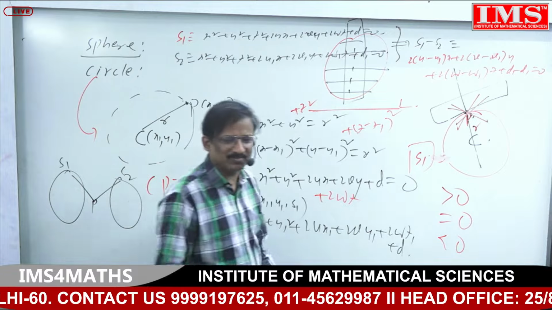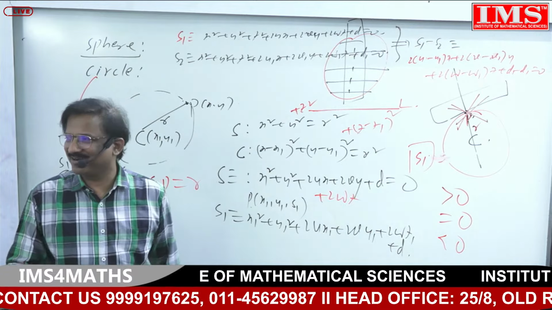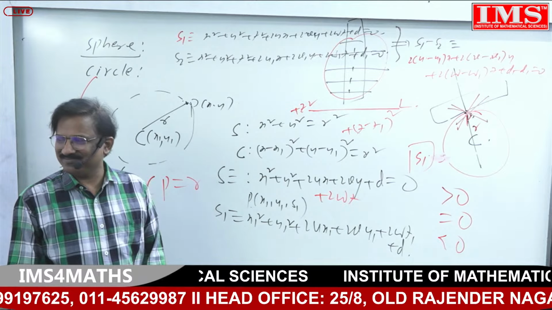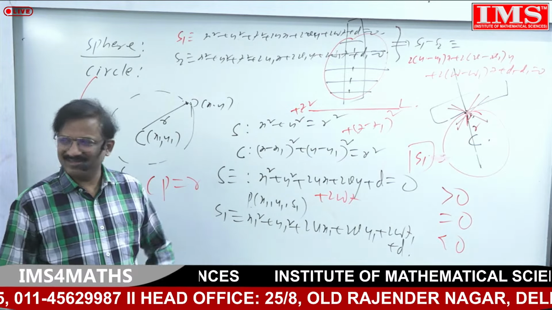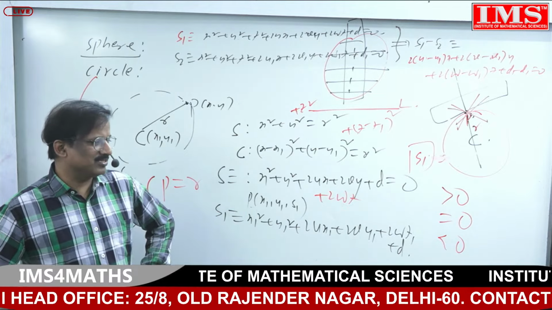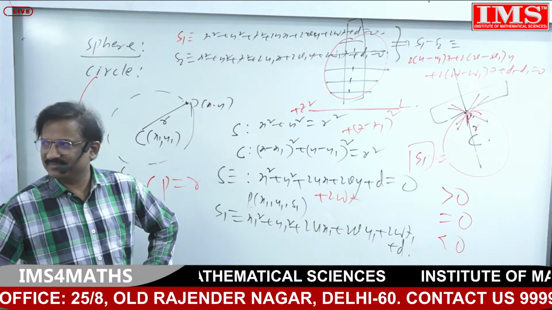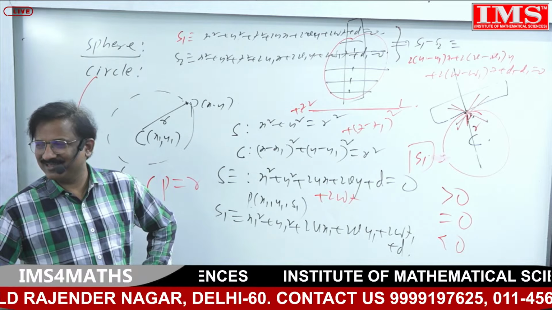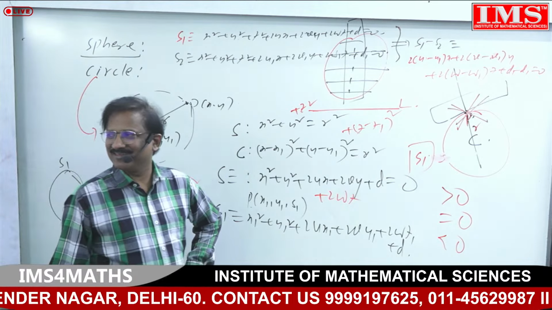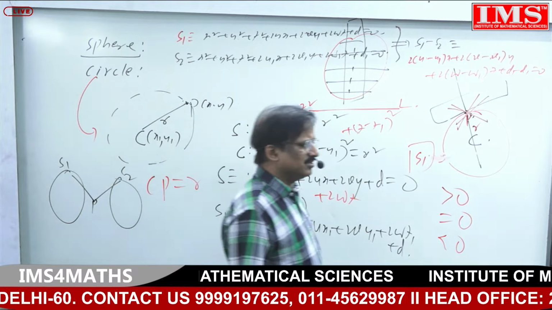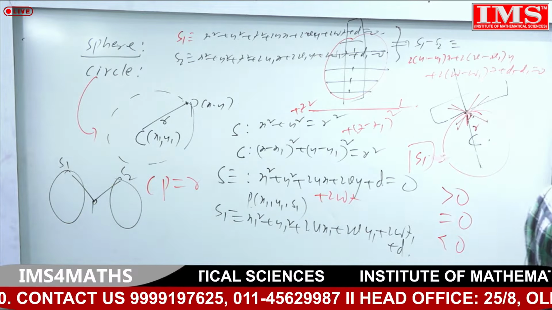This is known as power. But right now I don't want to say anything. Power of which point? It may be greater than 0, less than 0, or equal to 0. Vaibhav, is it correct? Say yes or no? Yeah. So finally, we will also learn about the radical plane.